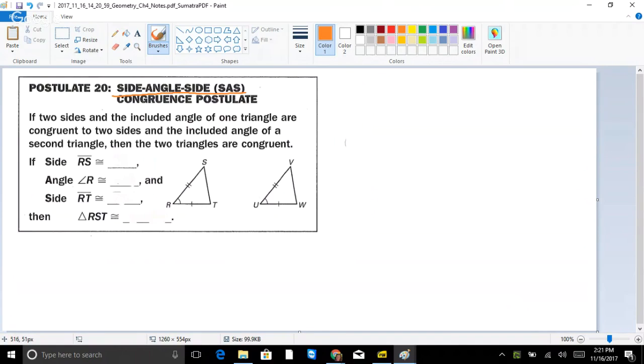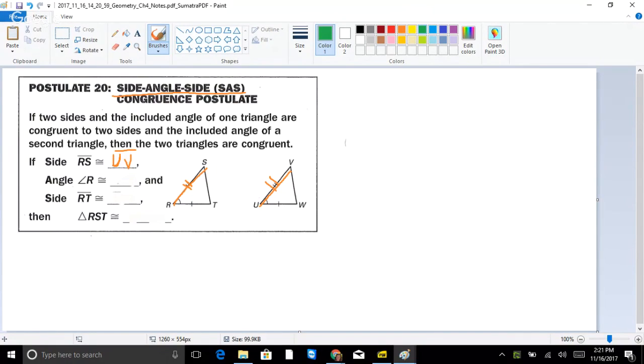So first off, we have side RS is congruent to side UV. Okay.